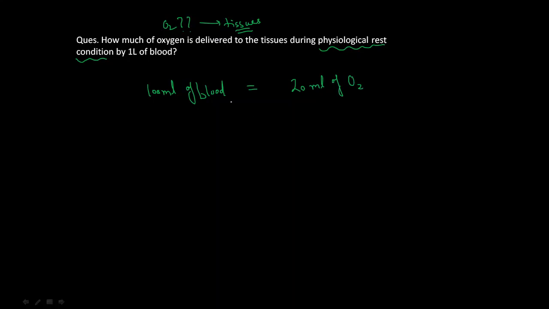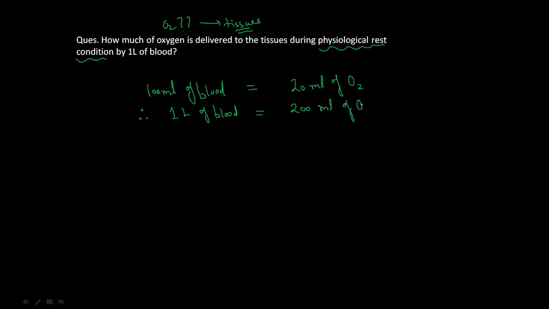So can I say, therefore, that 1 liter of blood will have around 200 ml of oxygen.